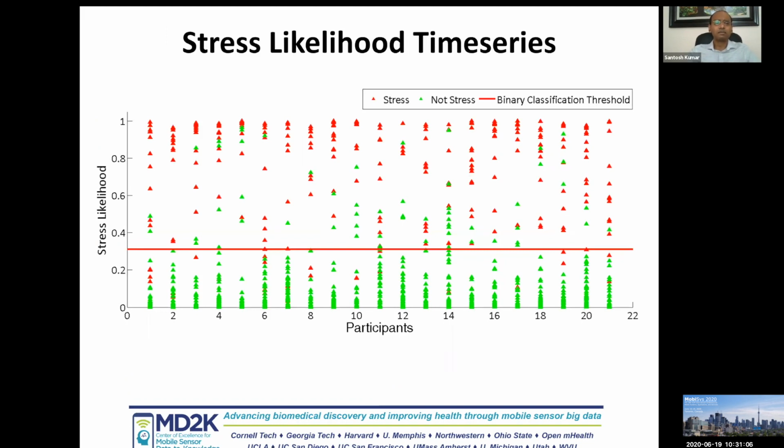As you can see, of course, it's not perfect, but largely, we use a threshold to classify stress or not stress. In general, we can use this binary classification threshold for this output, and this is a state model. This model produces this output for every minute.